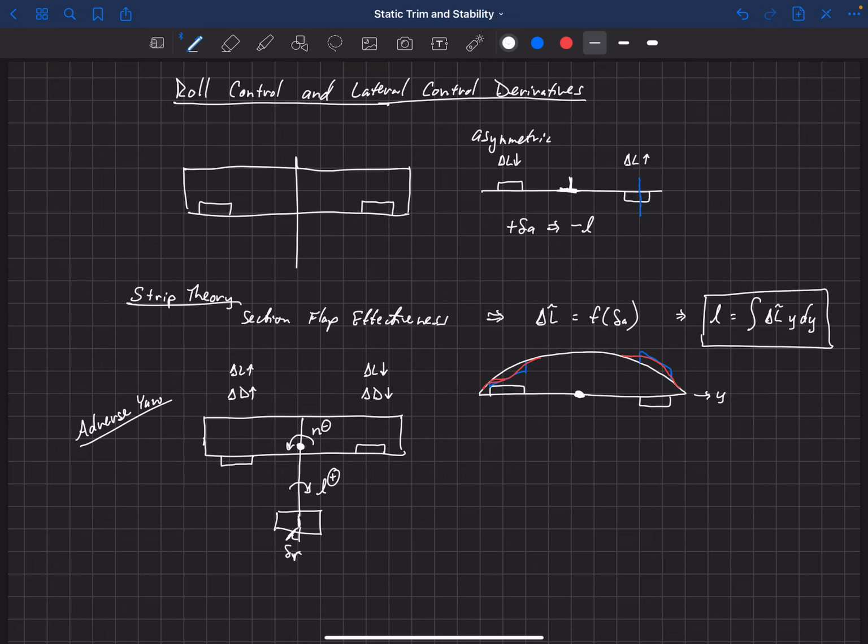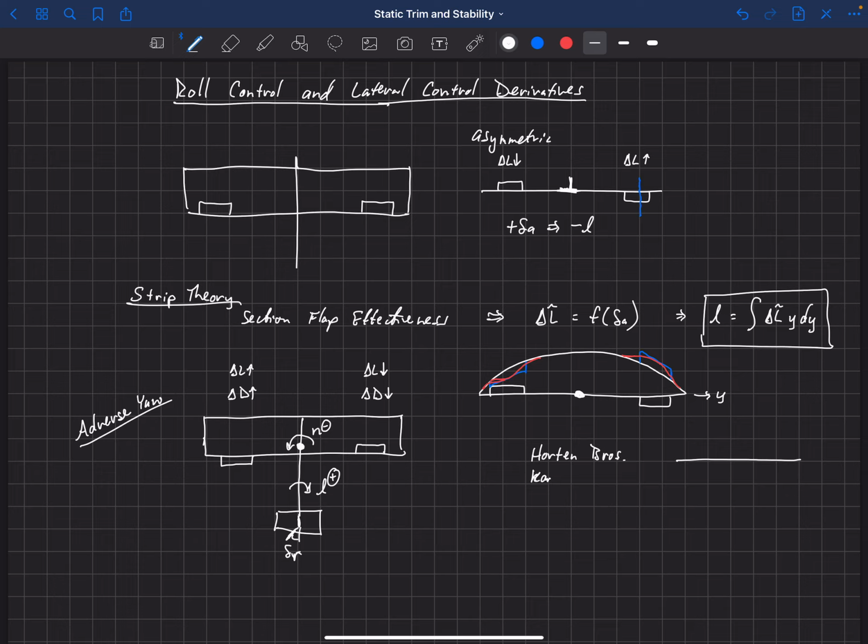To my knowledge, the first people that looked at this were the Horton brothers. They looked at flying wings, and on a flying wing, you don't have a rudder to counteract this adverse yaw challenge, so they looked at what they could do with the lift distribution on the main wing so they wouldn't have this adverse yaw. Other people have looked at this too.